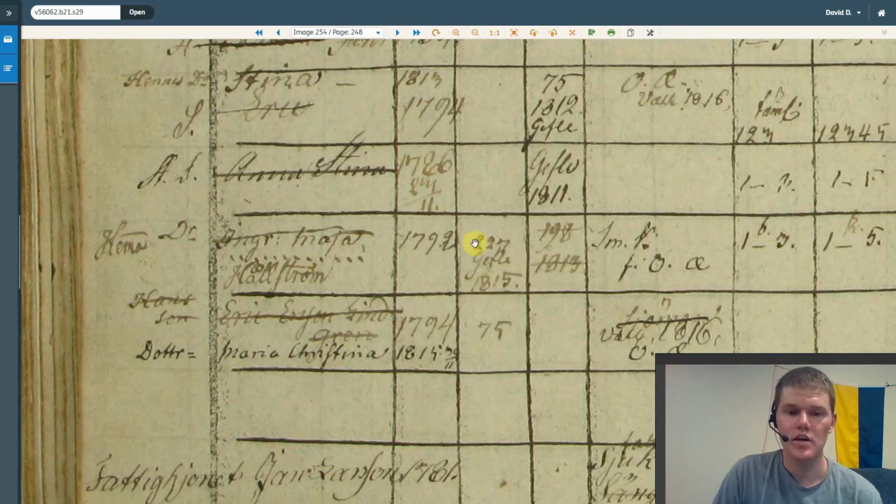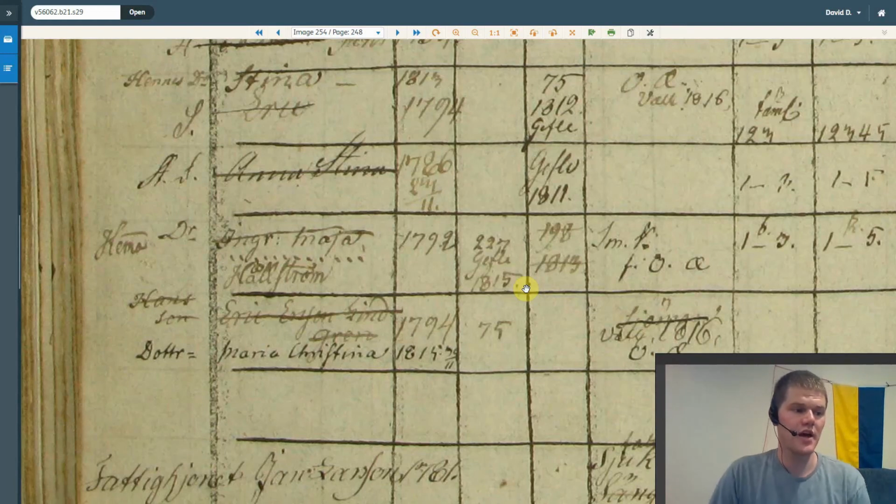So right here, it looks like it says she moved in 1815 and then moved out in 1813. But what actually happened is she moved out in 1813, and then she moved back in 1815. So that's what's going on right there. And so there's several different ways that this minister or the minister can write that. So that's something to be aware of as well.